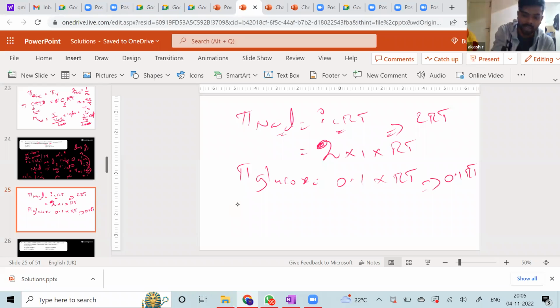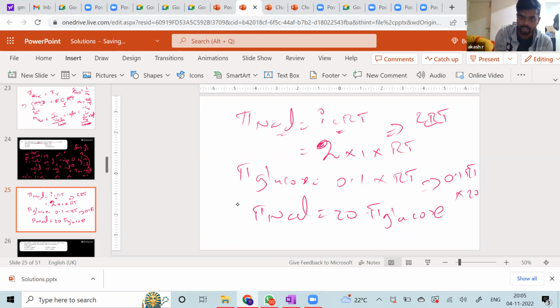So obviously the osmotic pressure of NaCl is 20 times the osmotic pressure of glucose. If you multiply this by 20, then you'll get this. So pi of NaCl is 20 times the osmotic pressure of glucose.